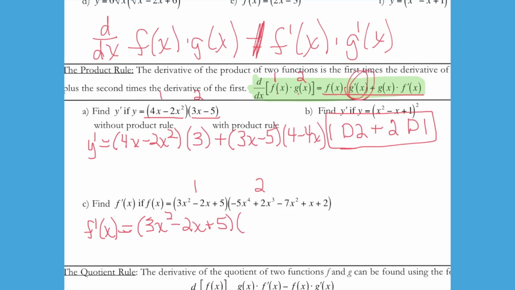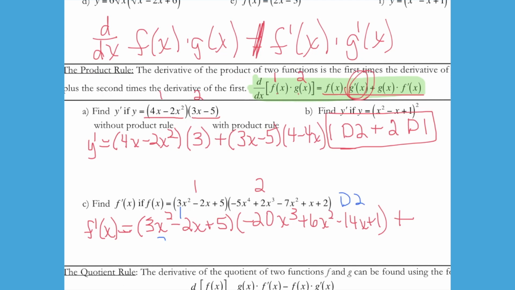So d2 is negative 20x cubed, just doing the power rule from yesterday, plus 6x squared minus 14x plus 1. Just doing bring down the power, subtract a power, bring down the power, subtract a power. And because I'm just kind of running out of room, I'm going to put my plus there and do, that's 1. I'm going to do this in a different color. That is 1, and this is D2.